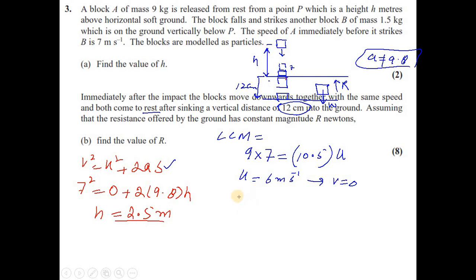The final velocity 0 equals the initial velocity 6 squared plus 2 into a, which needs to be found, and s is the distance during the sinking process, which is 0.12. You can use this equation to figure out a. Then a would be equal to minus 150 meters per second squared.